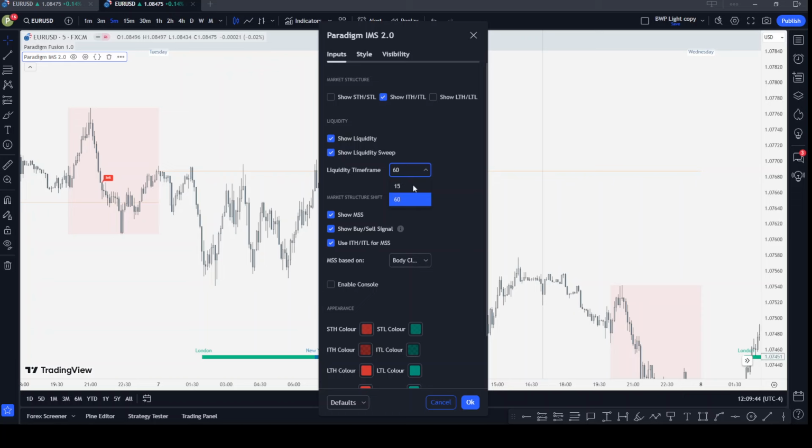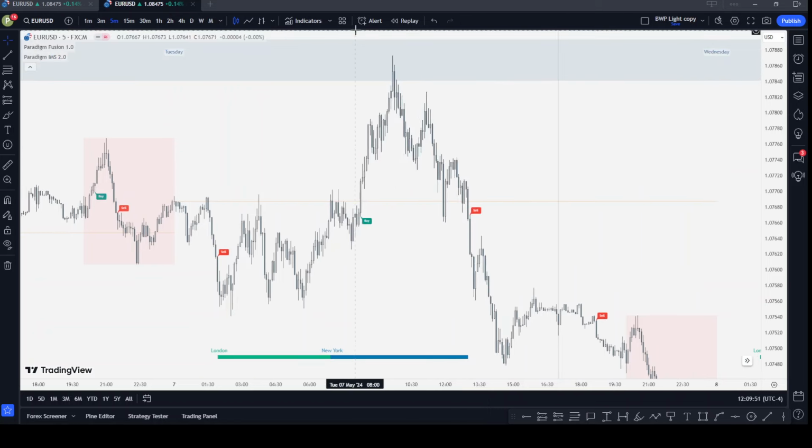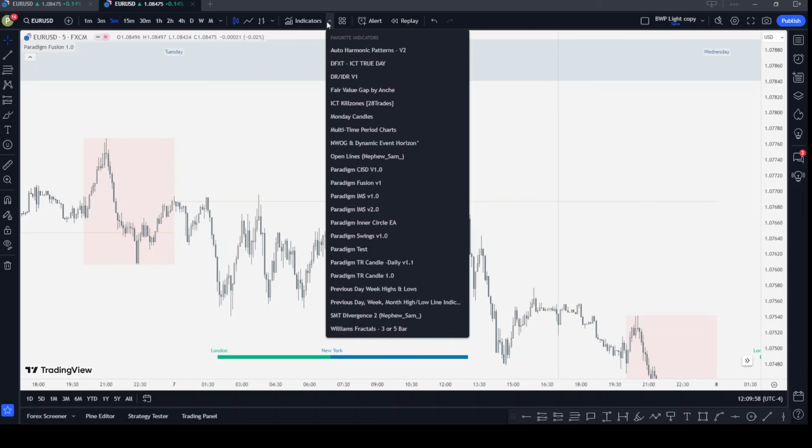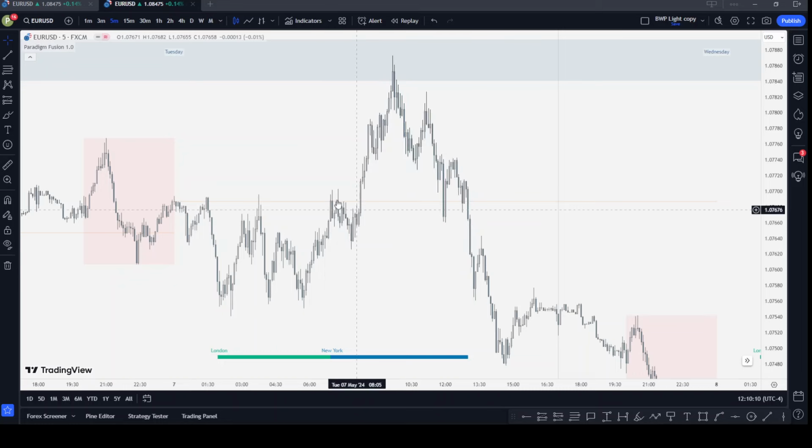Let me remove this and use the latest version. Paradigm IMS.